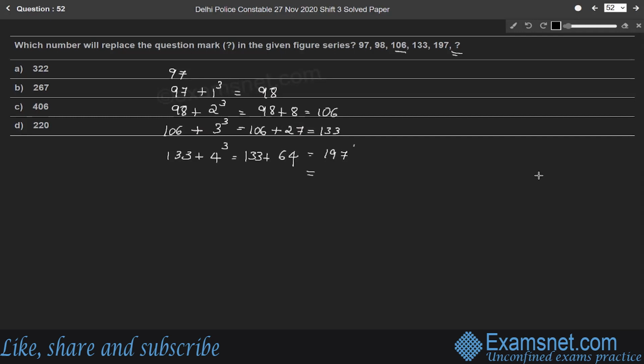So what is the next number? The next number is when 197 is added to 5 cube, it becomes 197 plus 125, which is equal to 322. Therefore, the correct answer is option A, 322.